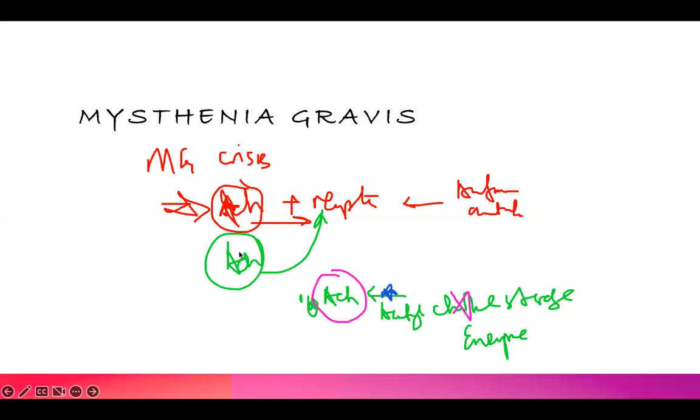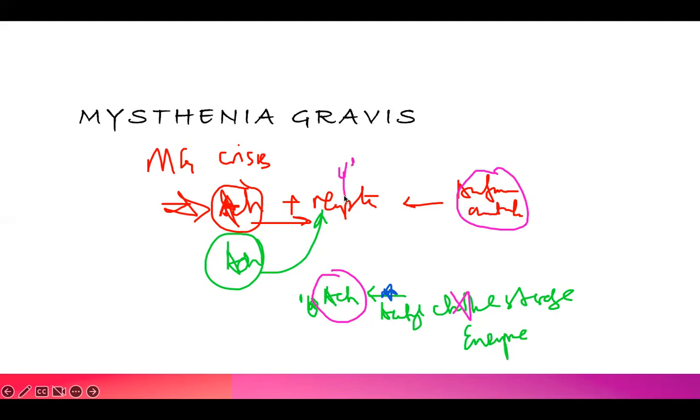That means I have more acetylcholine that will compete with the antibodies, which are produced by your body alone, that are fighting against the receptor, and therefore I have more acetylcholine to compete with the antibodies, and they will rather bind to the receptor.